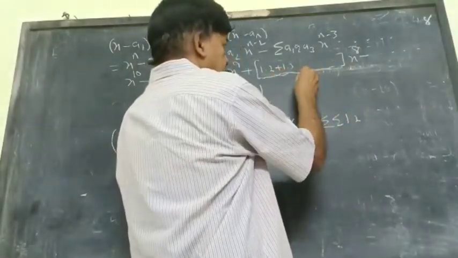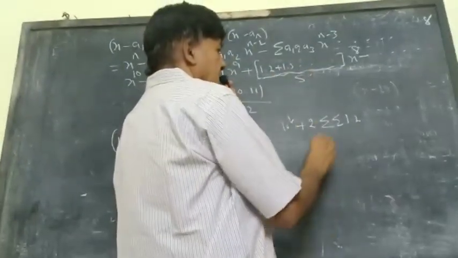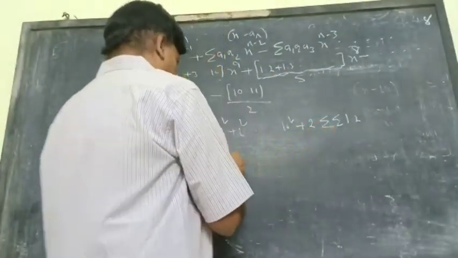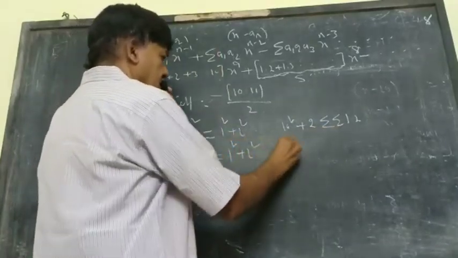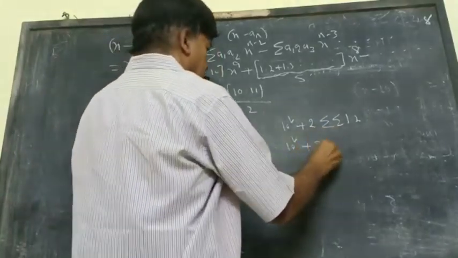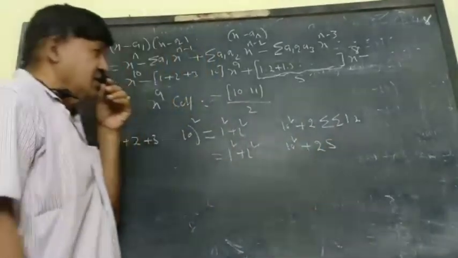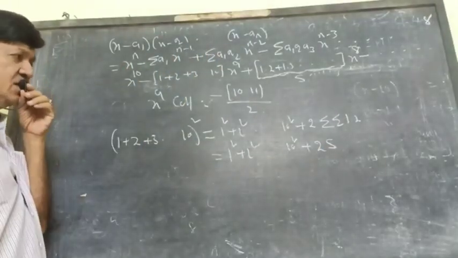This is your S. So I will write it like this: 1 square + 2 square + ... + 10 square + 2S, where S is the coefficient of what? x power 8.